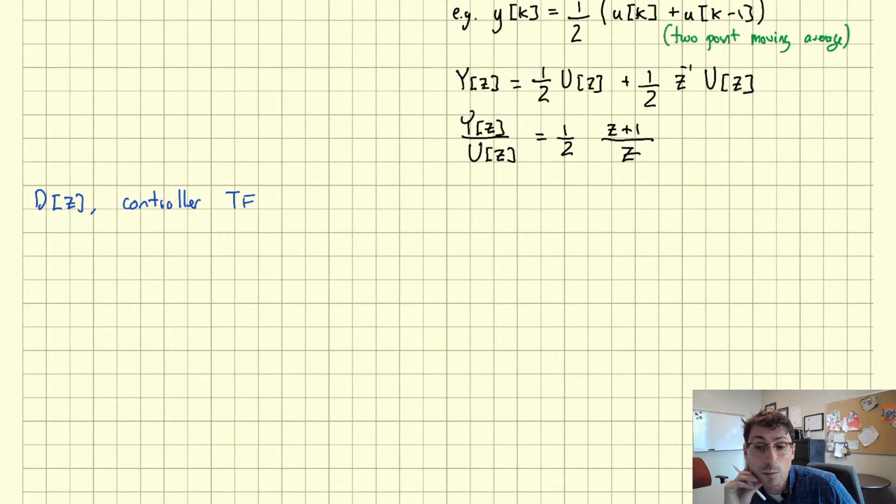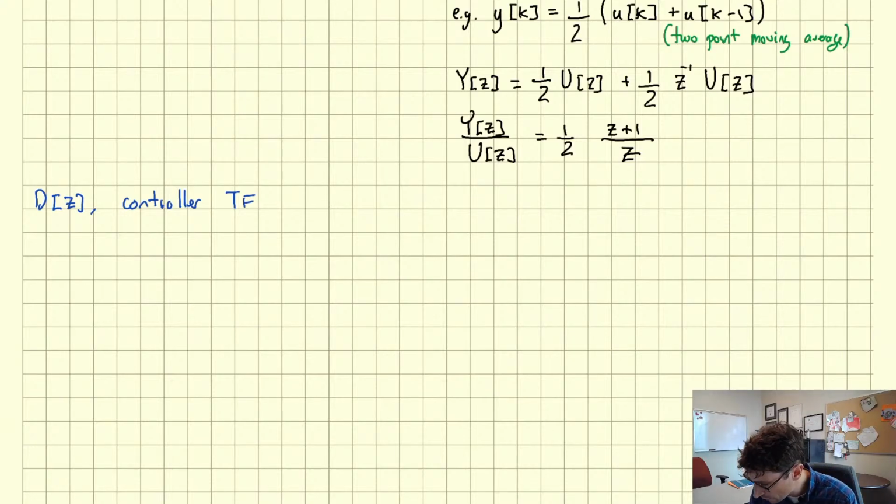So d of z, at the end of the day, we're going to be generating a difference equation, and it's convenient often to just write it as a transfer function. But when you implement it on a computer, of course, you're going to implement it as a difference equation. Right? So if you've managed to design d of z and you want to implement it, you convert it to a difference equation, or probably more commonly these days, a state space model, and that's the thing that runs on the computer. That's the algorithm that runs on the computer.